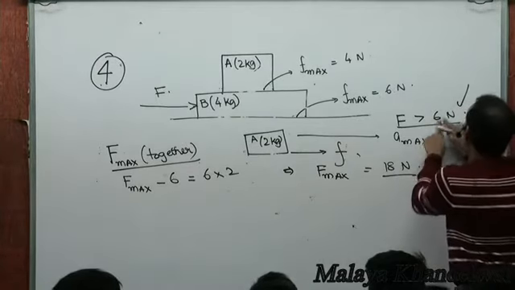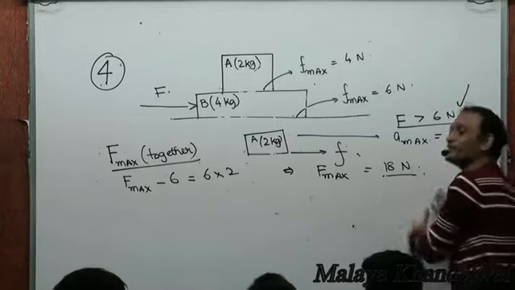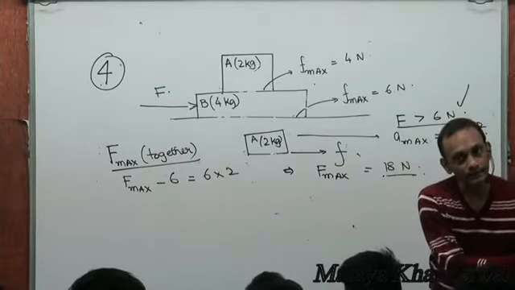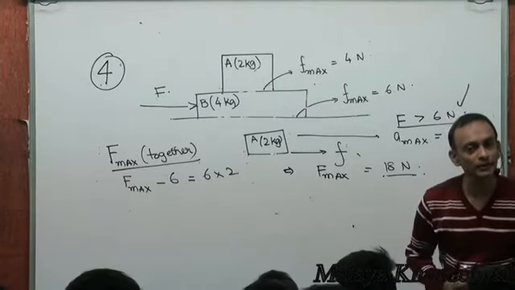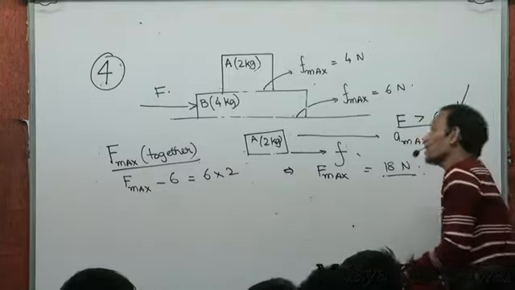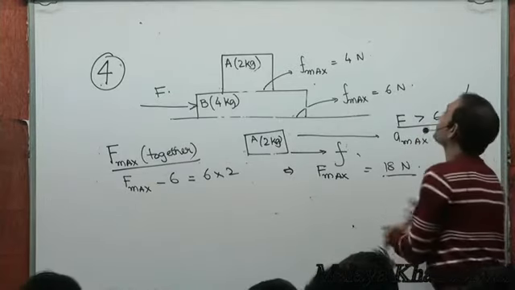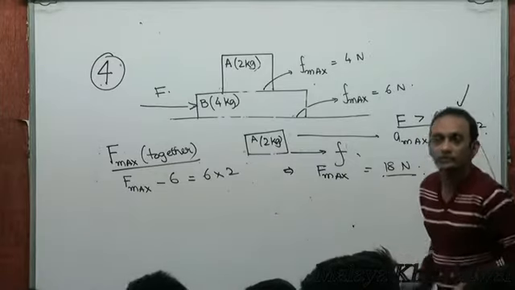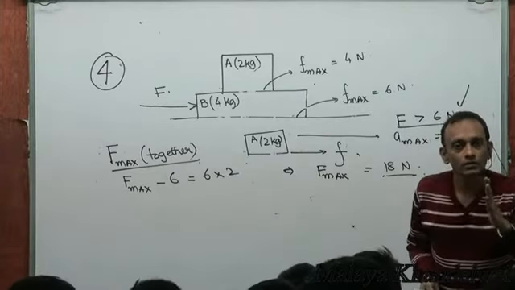That means from F equal to 6 newtons to 18 newtons, they are one single unit. They move together in harmony. The frictional force between them grows from 0 to maximum static, and the common acceleration of the two grows from 0 to 2 meters per second squared. This is the regime. Yes or no?